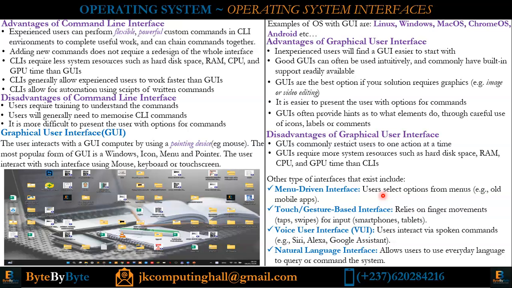And she would do that. I was just shocked. So we have voice user interface where users interact through voice, and this one is very useful for people that are blind. We also have the natural language interface where the users use everyday language to query or command a system. So these are other types of interfaces that we have.